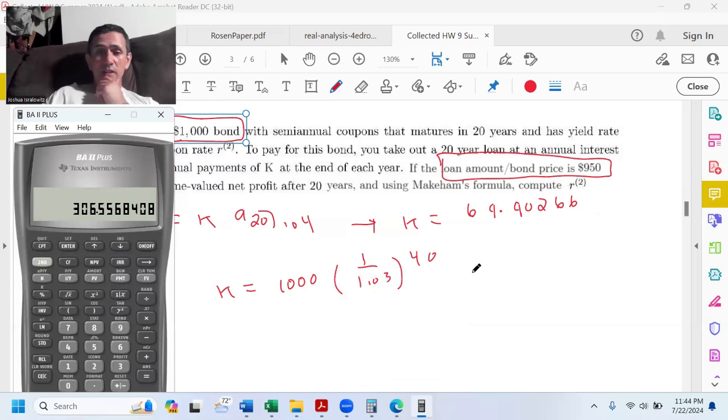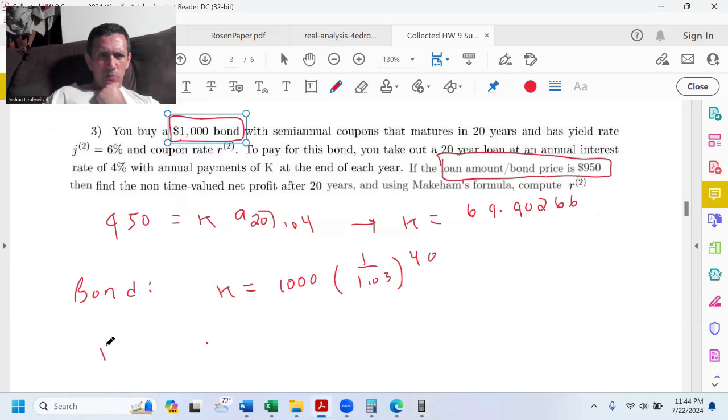Unless otherwise stated, it's the same as the face value. But anyway, I think I did this already. If not, let me just redo it real quick. Yes, I did. That's all right.